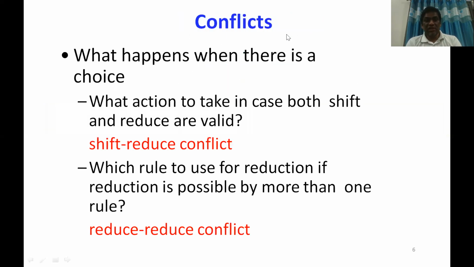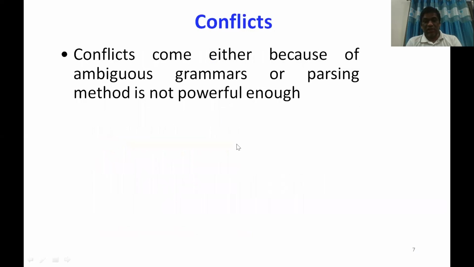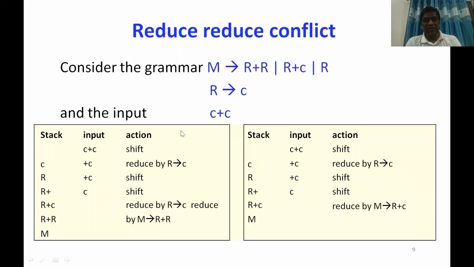And the other one is reduce reduce conflict. Let us have a look at an example for it also. Assume this grammar: M implies R plus C, R implies C. Let us say this is the input string I want to produce, C plus C, with the help of shift reduce parsing.